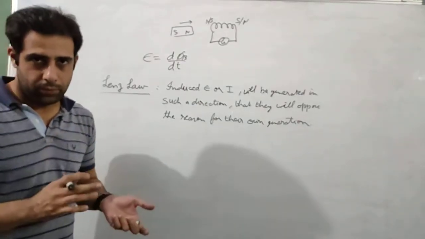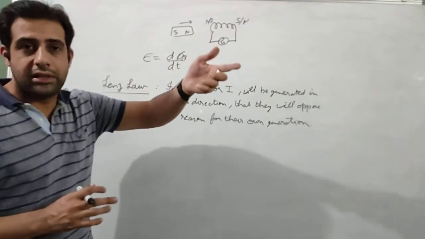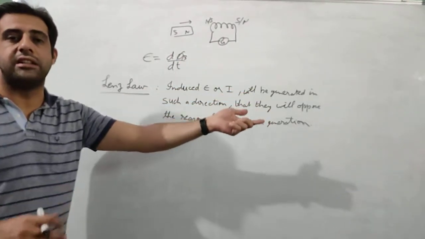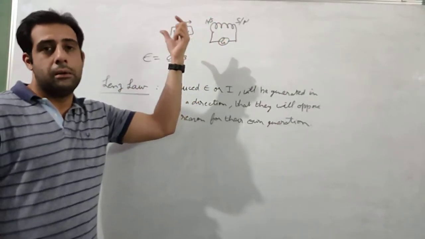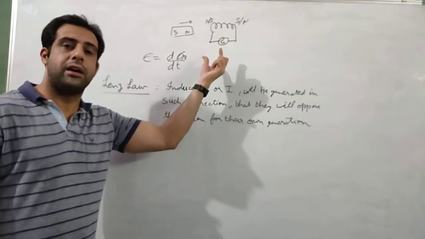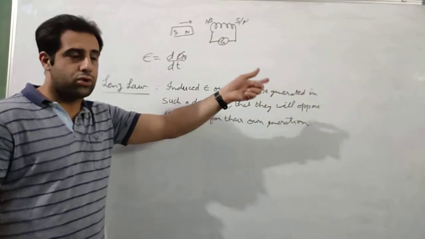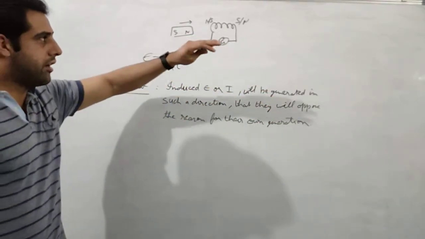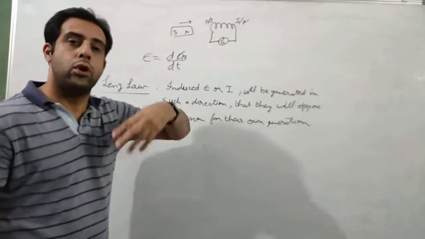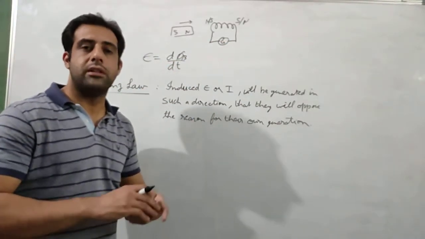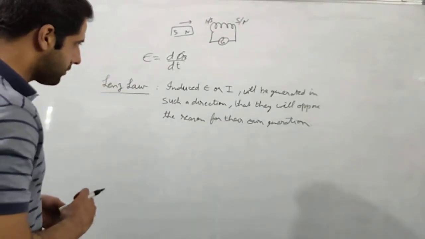The same thing applies to the angle also. We studied that changing the angle will also induce current. So if we are changing the angle of the coil, the induced EMF will try to bring the coil back to the original angle. So whatever we do to generate induced EMF or current, the induced EMF or current will try to oppose that. So they will be opposing the reason for their own generation.